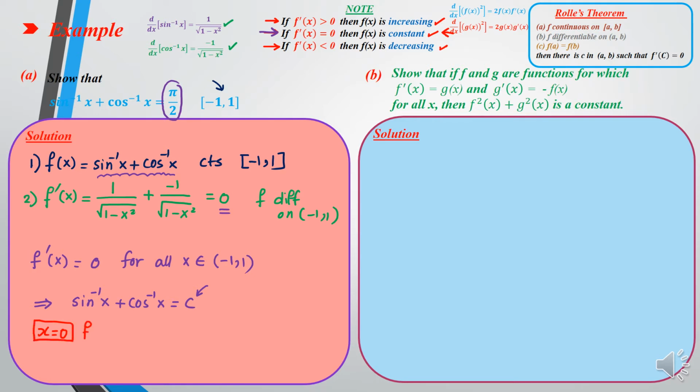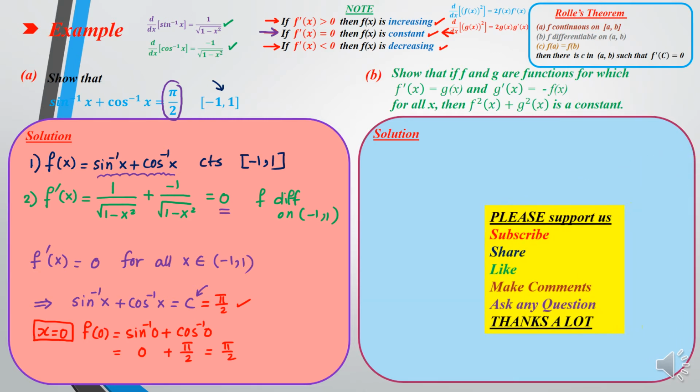Now you have to find f of 0, which is the inverse sine of 0 plus the inverse cosine of 0. Now the inverse sine of 0 is 0, and the inverse cosine of 0 is pi over 2, and 0 plus pi over 2 is pi over 2. So this constant is pi over 2. So this is the proof of part A.